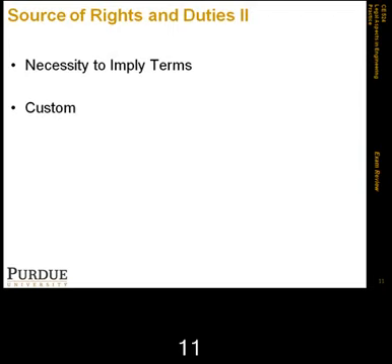Another important source for duties is custom, which could be used by courts, again, for filling gaps in contracts. And this covers customary practices that are used in many cases for determining the duties. So how do we usually do this within the industry, and how do we perform certain actions or do certain things?